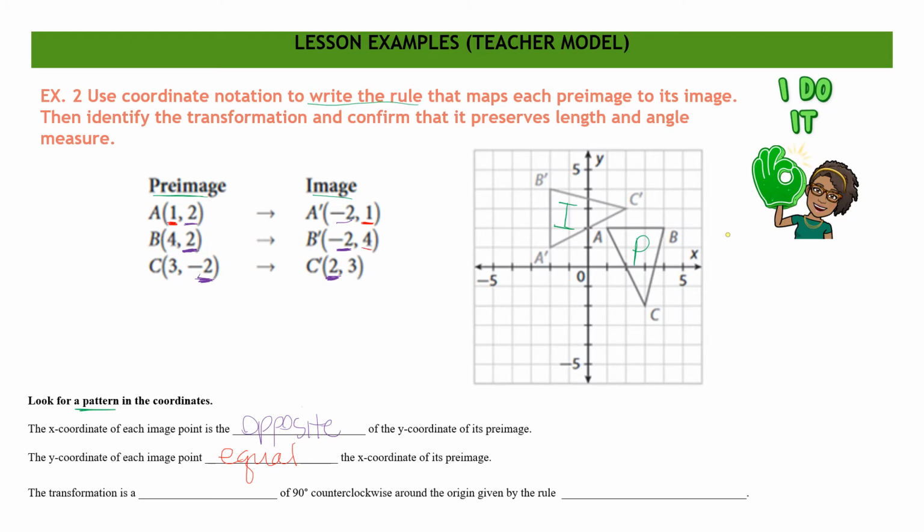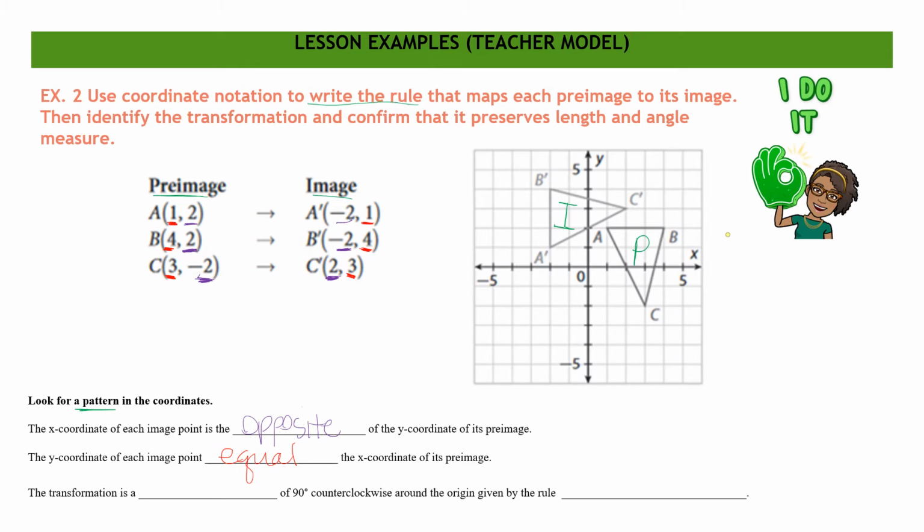Same for B prime, I have 4 as y, and for B I have 4 as x. C prime I have 3 as y, and then C in my pre-image for x I have 3. So I see that the y coordinate in the image point is equal to the x coordinate of the pre-image point.